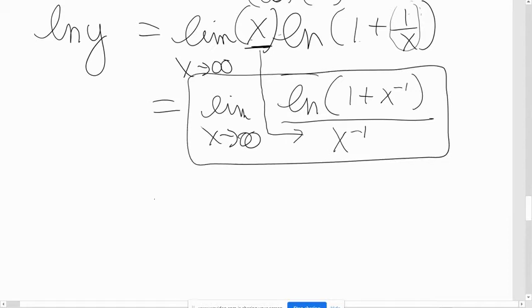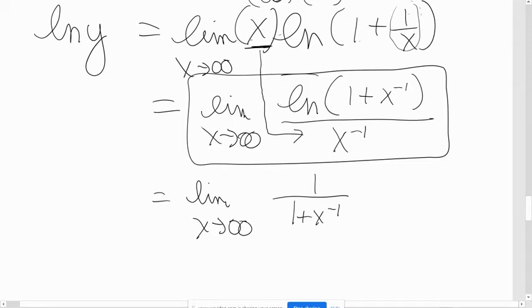All right, so we're going to do the limit as x approaches infinity. We're going to do the derivative of the natural log of 1 plus x to the negative 1. And we know the derivative of any natural log is 1 over 1 plus x to the negative 1. And then we got a chain rule.